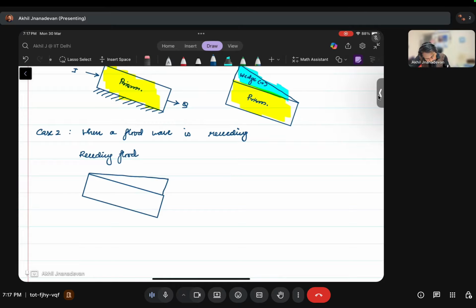So this is our negative wedge. This is called wedge storage, and it's called a negative wedge, and this is our prism storage.